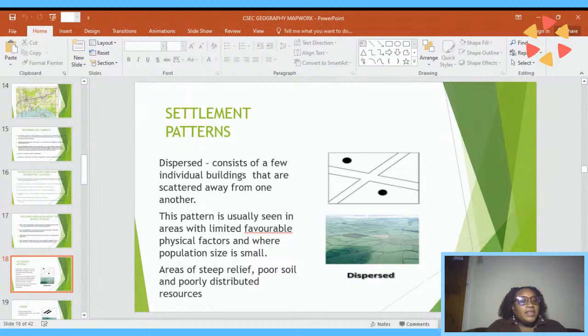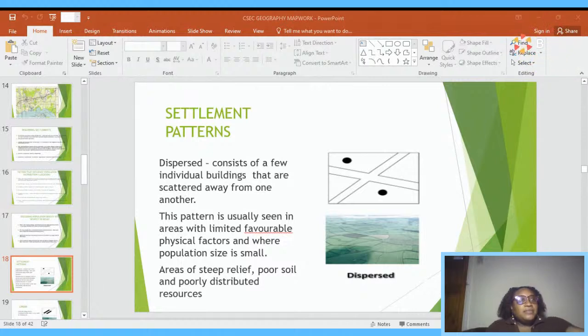So these areas are represented by steep relief, poor soils and poorly distributed resources. You tend to have isolated or dispersed patterns.